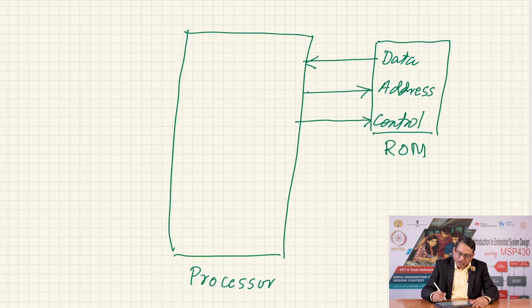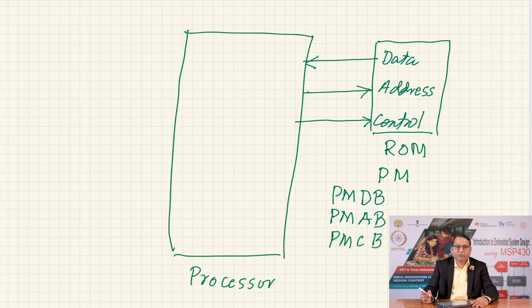Now, I call this the ROM, or here I am going to store program, so we commonly refer to this as program memory, and therefore, these buses which connect to a program memory are called PMDB, that is program memory data bus, PMAB program memory address bus, and PMCB program memory control bus.